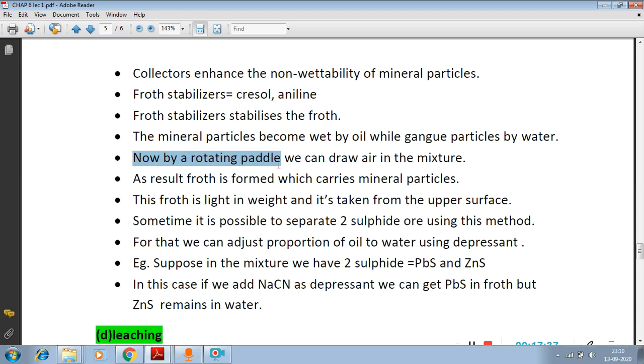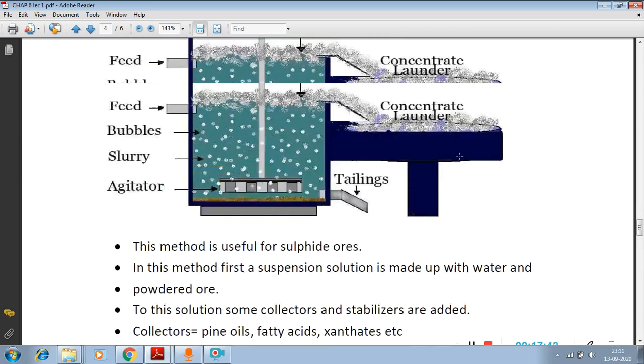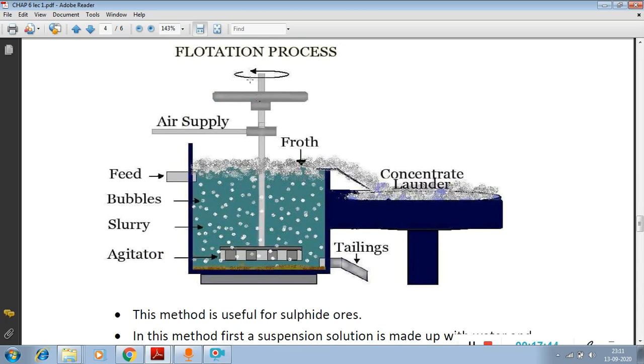Now by rotating the paddle, we can draw air into the mixture. You can see this one is our rotating paddle. From here we can insert some air into the mixture.